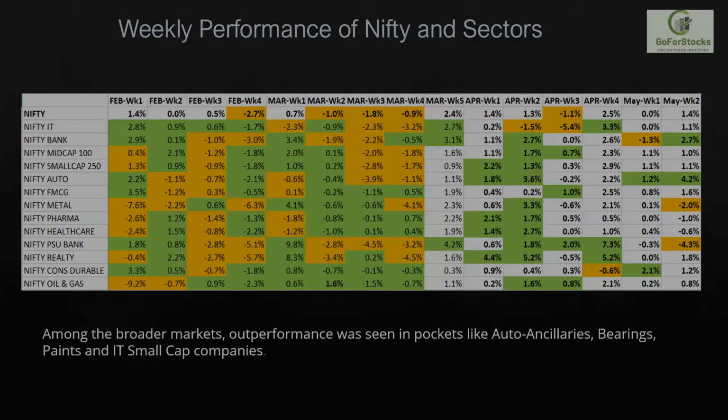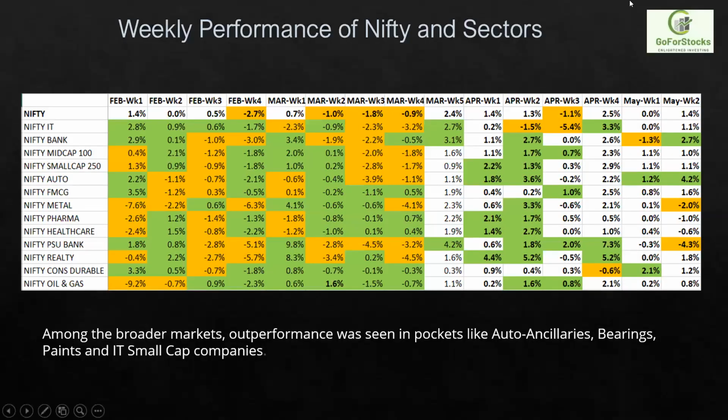Before we go into next week, let's review how Nifty has performed over the previous week. Nifty has given us gains of 1.4% over the last week, and the sectors which helped are the Nifty Bank with gains of 2.7% and the Nifty Auto Index with gains of more than 4%.